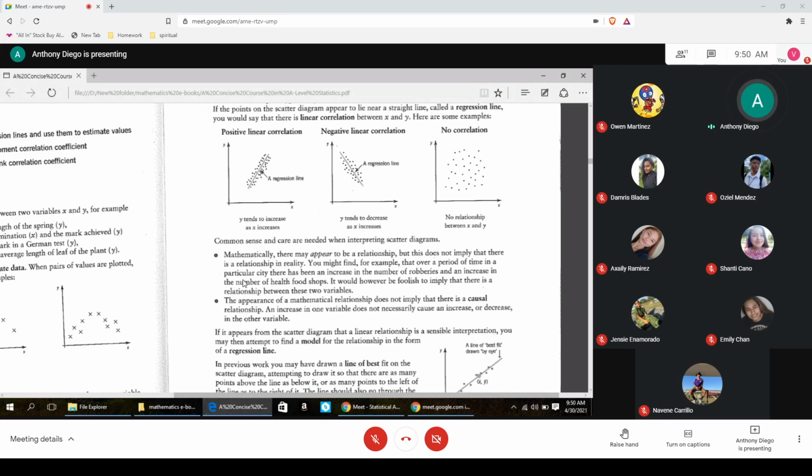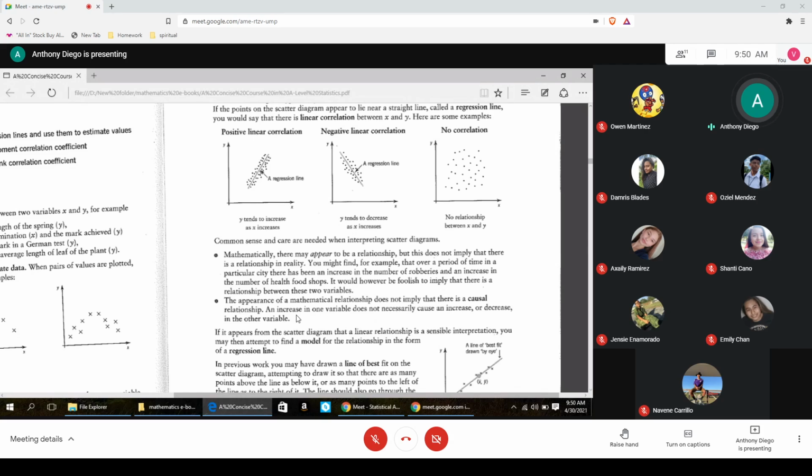Now it says here, the appearance of a mathematical relationship does not imply that there is a causal relationship. An increase in one variable does not necessarily cause an increase or decrease in the other variable.